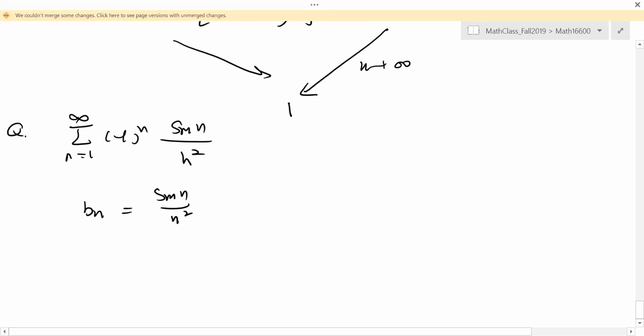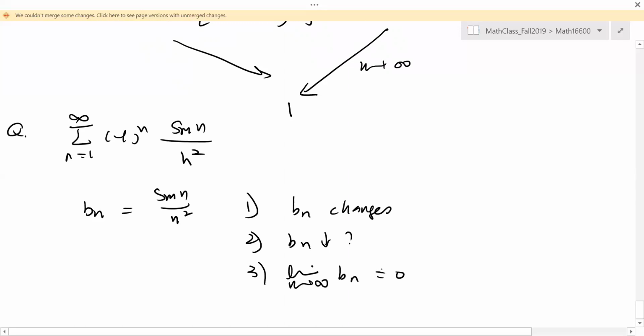If you use the alternating series test, you have to mention the conditions listed in it. This Bn changes signs, so the first condition, that it be positive, is not valid. Second, we don't know whether it's decreasing or not. The third one, yes, the limit is going to be 0. It's clear, because the numerator is always bounded between negative and positive, and the denominator is larger.